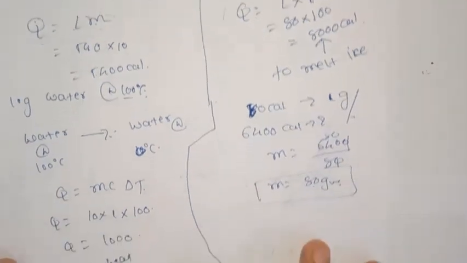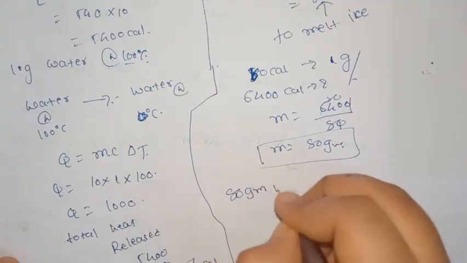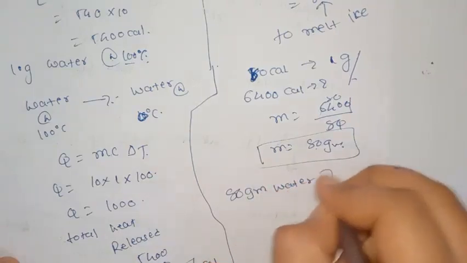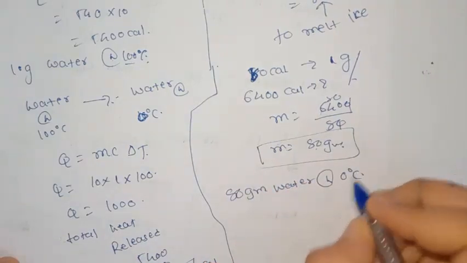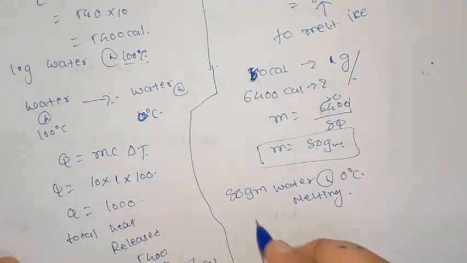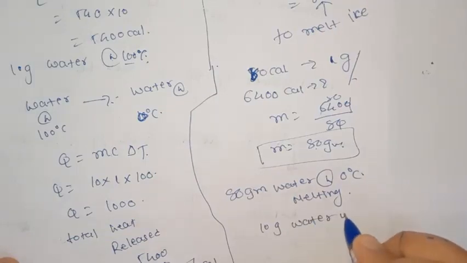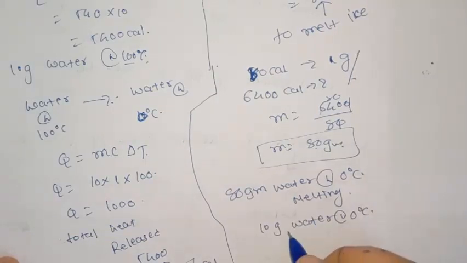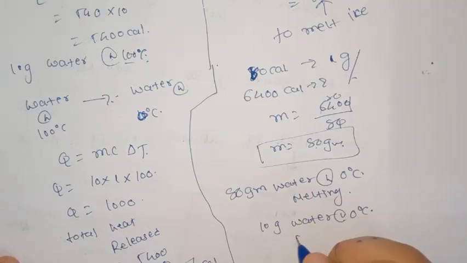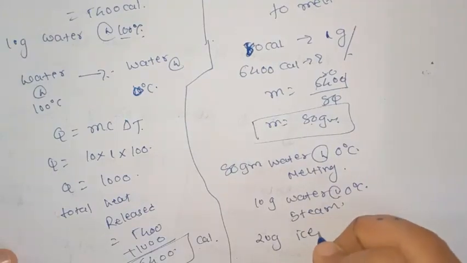So in the final composition, we have 80 gram water at 0 degree Celsius by melting of ice. We have 10 gram water at 0 degree Celsius by the condensation of steam, and we have the remaining 20 gram of ice.